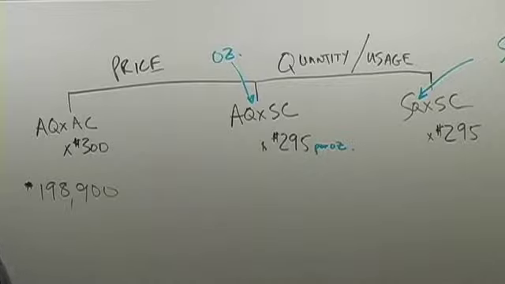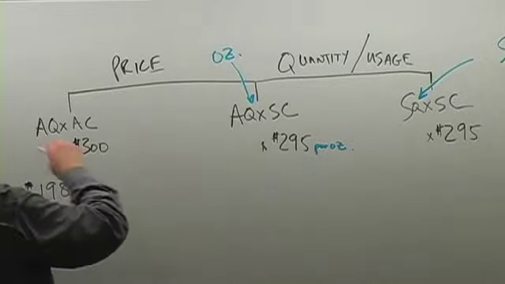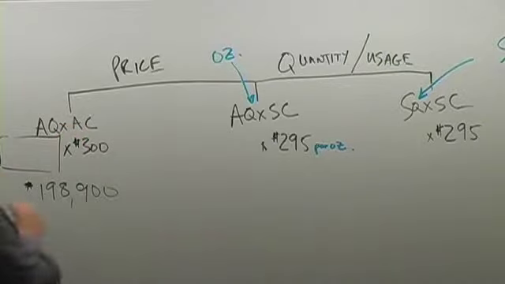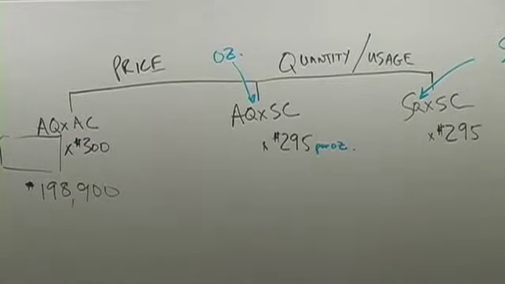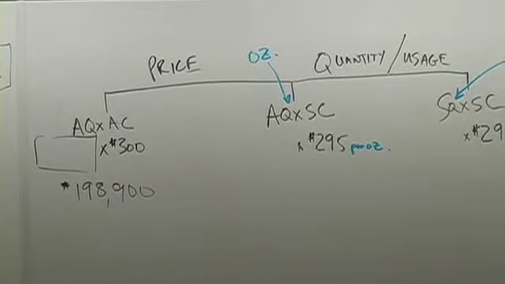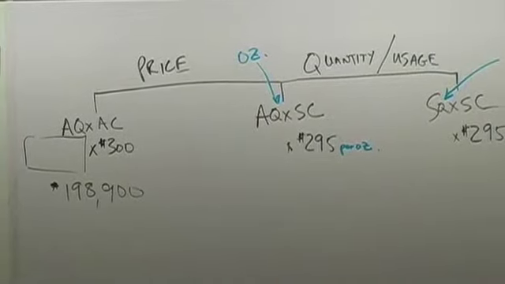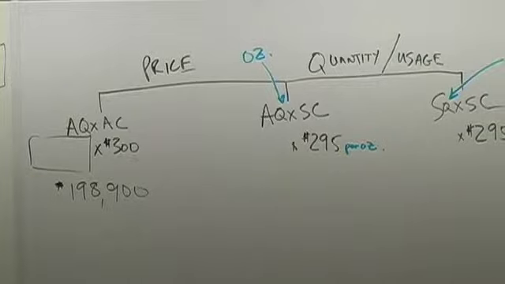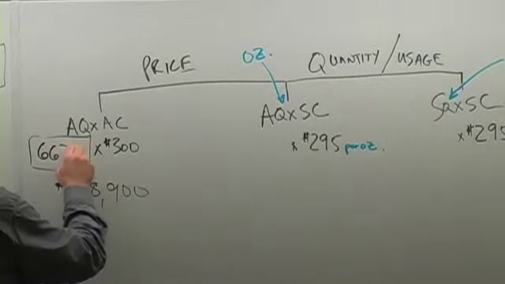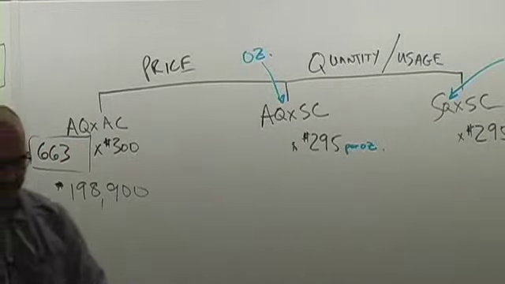So, yes, you would take 198.9 divided by 300, and you can calculate this number right there. Why don't we do that? Brandon, get your calculator out. How much? 663. And that is 663 what, Matt?